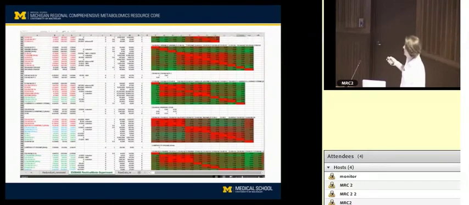Then we ask, do those mass differences correspond to anything that we know? Do they correspond to a sodium peak? Do they correspond to a loss of carboxylic acid? We have a lot of adducts in our list now. Let me go forward. So anyway, this is generally what it looks like.